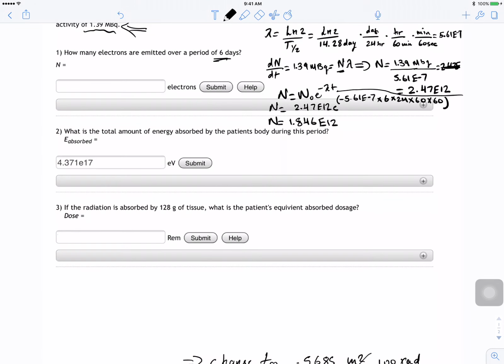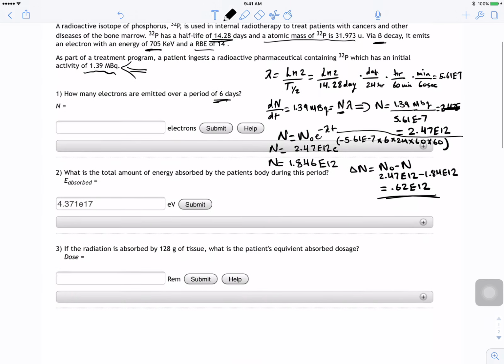Now we're looking at delta N. Delta N is N naught minus N. So N naught was 2.47 e to the 12 minus 1.846 e to the 12, and for this I got 0.62 e to the 12. So that was the difference.